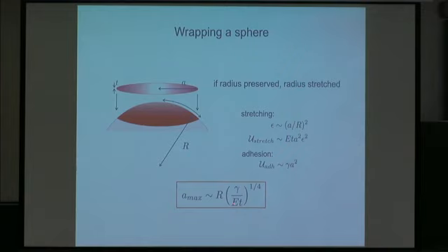And the stretching modulus, you get it by multiplying the Young modulus by the thickness of the sheet. And you take this number to the power 1/4, and you get this typical contact region between the sheet and the sphere.